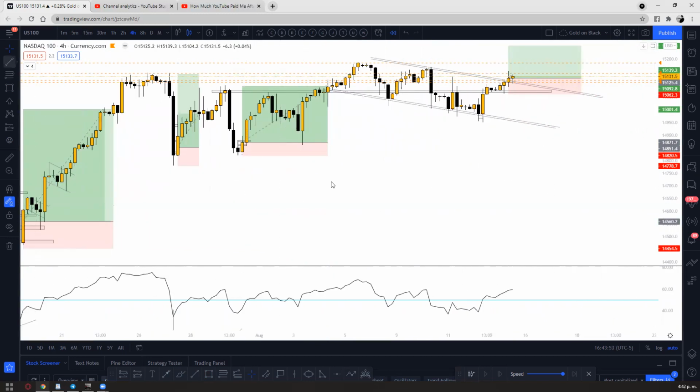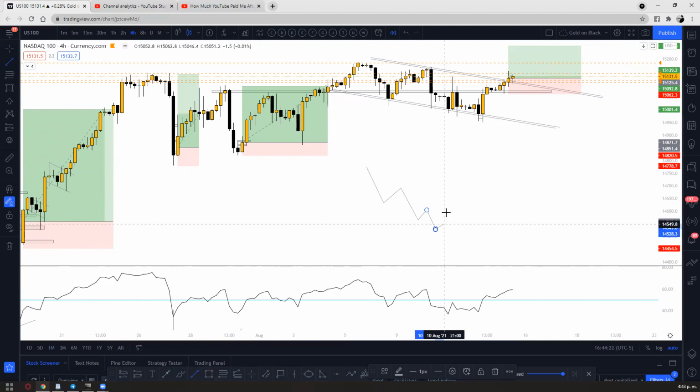Let's say the price is coming back down this way, and then all of a sudden creates something like that. Then you see a divergence. On the RSI, it is going the opposite direction. The price is creating a lower low, lower low, but the RSI is creating higher lows. So that's already a divergence.